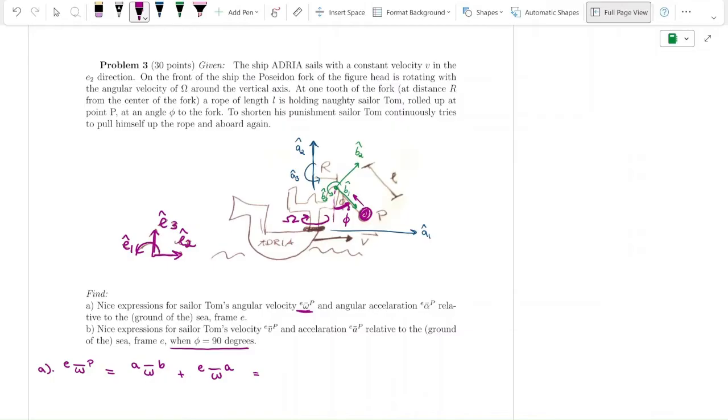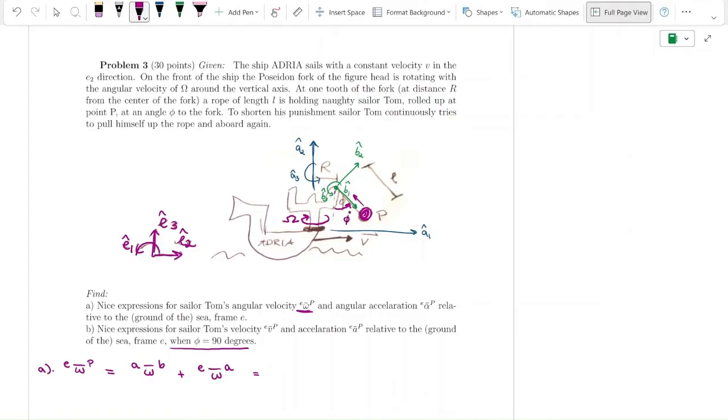Well, we do the right hand rule, so we curl our right hand fingers in the direction of Tom's rotation. I defined earlier that Tom is going this way. I defined phi as relative to the vertical in the counterclockwise direction.